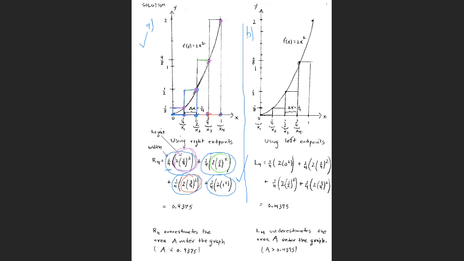And then finally, the last height is 2 times 1 squared. When x equals 1, the height of that fourth rectangle is 2 times 1 squared, which is 2.